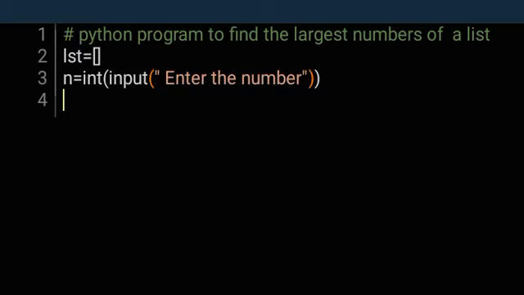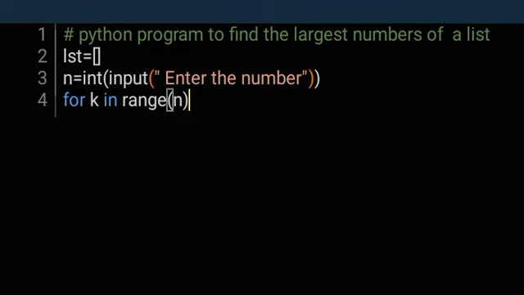So the next thing to be done is to set up an iteration using a for statement. So for k, we are using variable k in the range n.